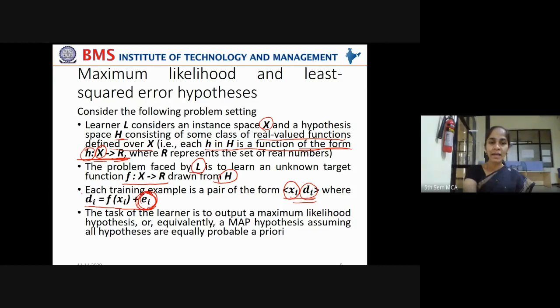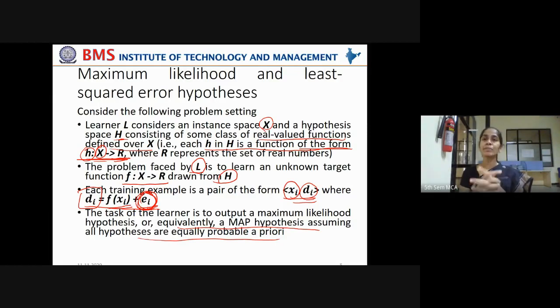So how is the target DI calculated? It is a combination of some function which will predict the value plus some error associated with it, because it is an approximation. Now the task of the learner is to output a maximum likelihood hypothesis, or equivalently a MAP hypothesis, assuming all hypotheses are equally probable a priori.